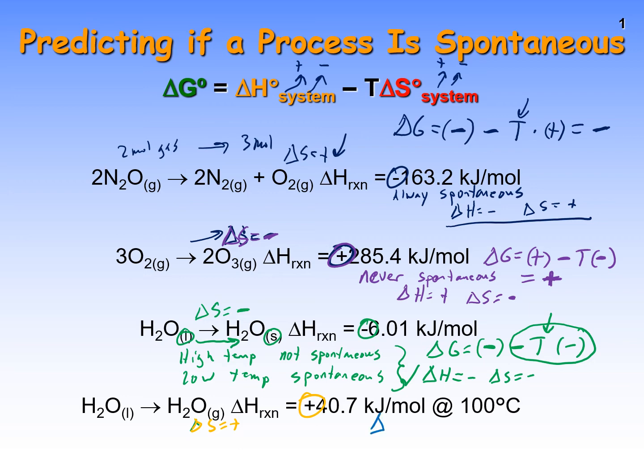Because of this, if we look at our delta G equation, it's going to be equal to a positive number minus T times a positive value. Well, this whole term here is now negative. This is positive. As temperature gets higher, we're more likely to get a negative number from this equation. So at high temp, we're spontaneous here.